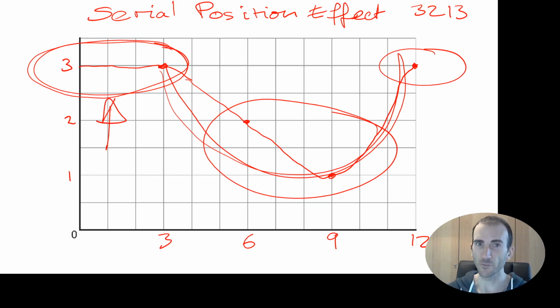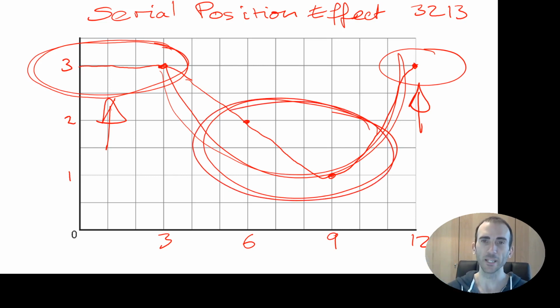The recency effect, recency sounds like recent, so they're the most recent items that I tried to remember. So we expect to see the primacy and recency effect, that you do better for the early items and the last, most recent items, and worse in the intermediate section in the middle.